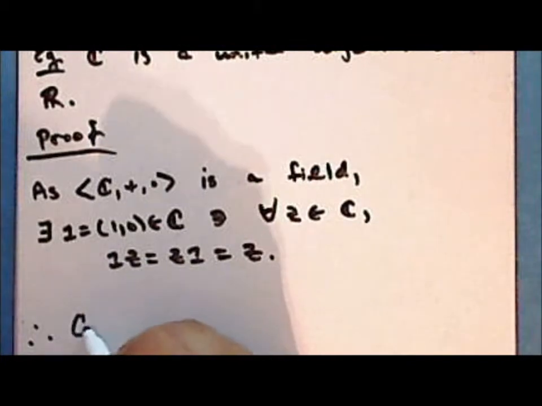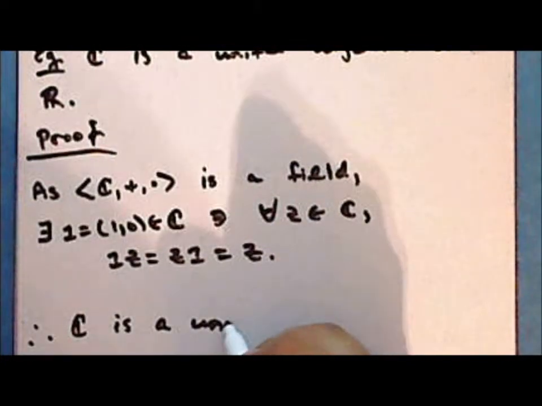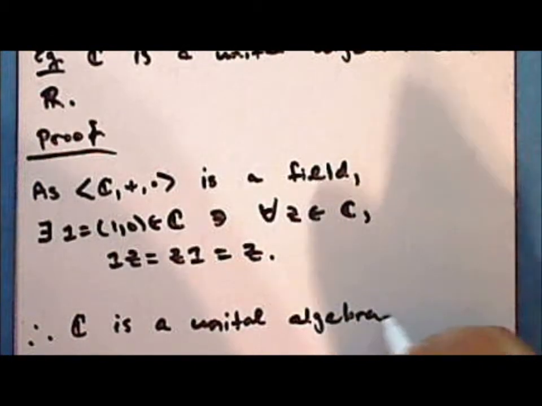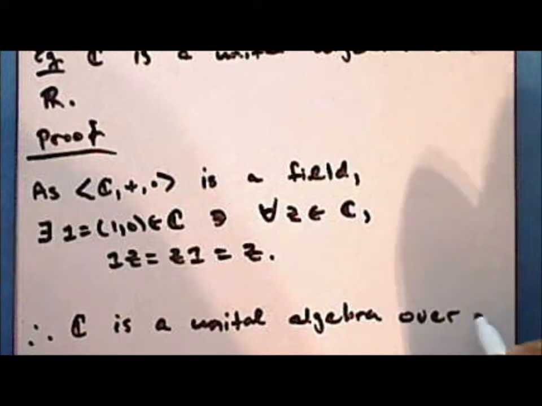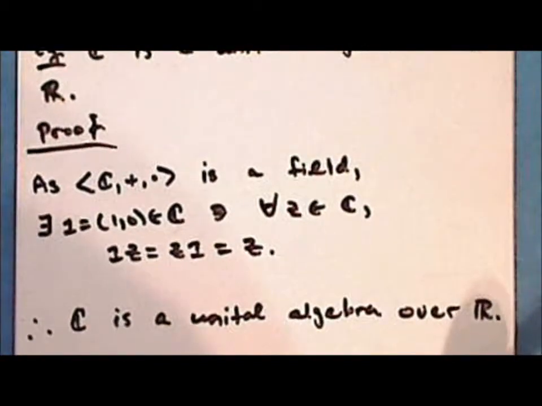And therefore, the complex numbers is a unital algebra over the field of reals, since it is an algebra for which there exists a multiplicative identity for vector multiplication, that is, multiplication of complex numbers.